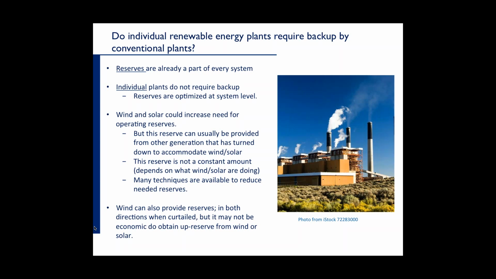Well, if it's at 100%, it might drop off, and so I might want to have some sort of reserve, not necessarily one-to-one reserve, but a reserve to help me in case the wind does drop off. But I know that if the wind is at maximum output, it can't increase, and so I don't need to worry about down reserves from other units. So there are a number of methods for calculating this, but essentially this is a dynamic reserve that depends on what the wind and solar is doing.